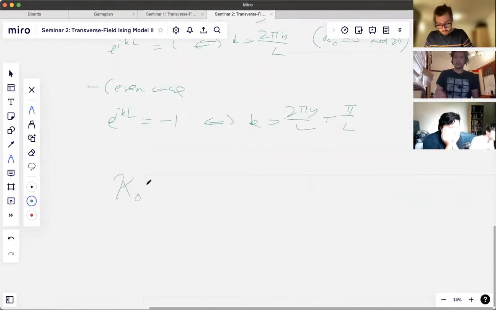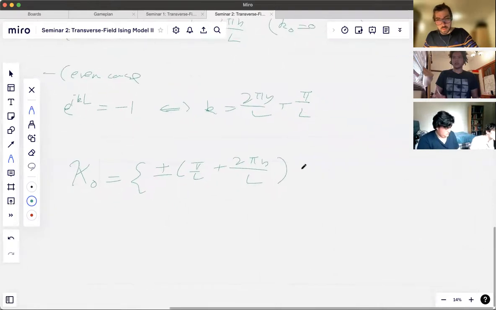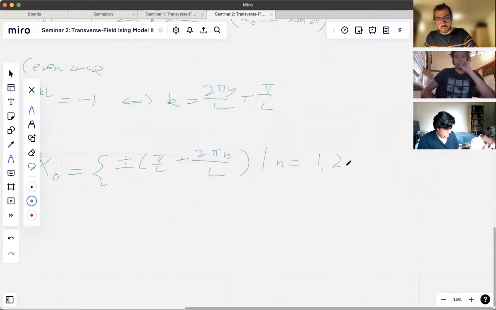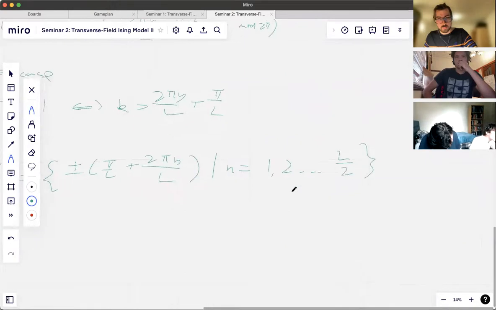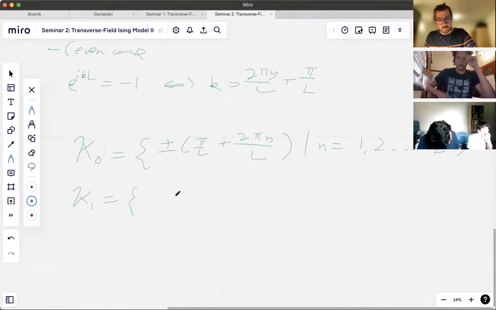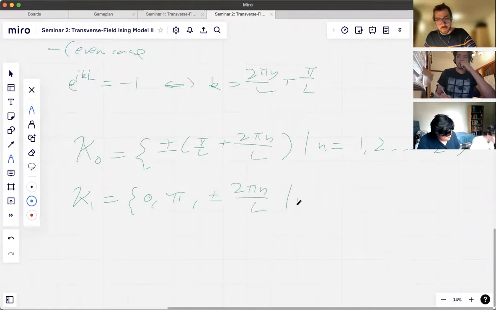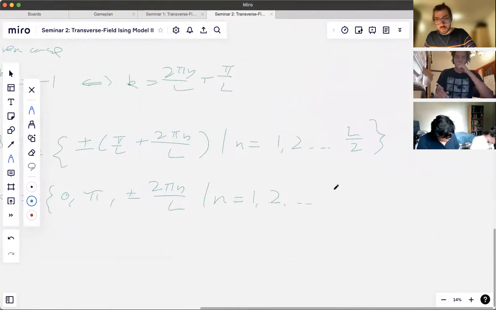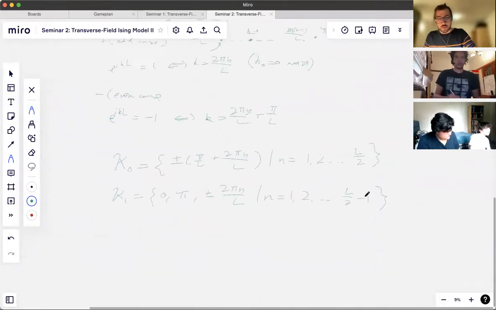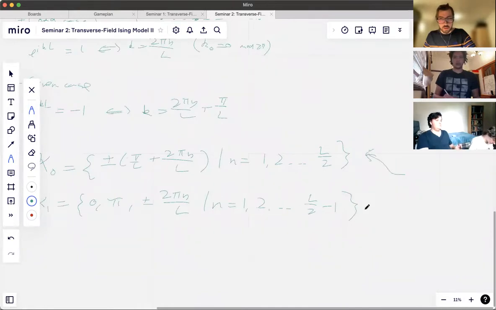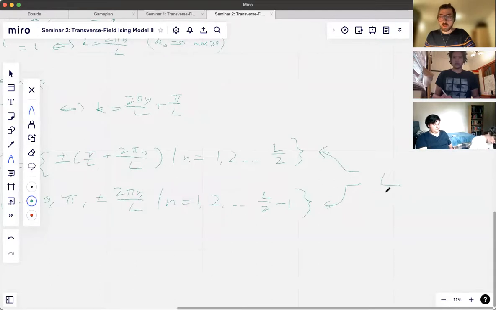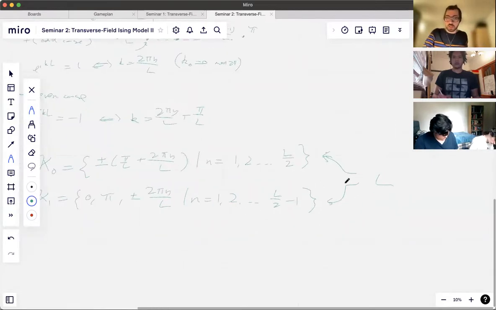So in other words, k in the even sector is the set of plus or minus pi on L plus 2 pi n on L, given n equals 1, 2, up to L on 2. And k in the odd sector is the set of 0, pi, and plus or minus 2 pi n on L, given n is 1, 2, up to L on 2 minus 1. By inspection, you can see that both of these end up with exactly L k states. So we're still keeping the dimensionality correct.